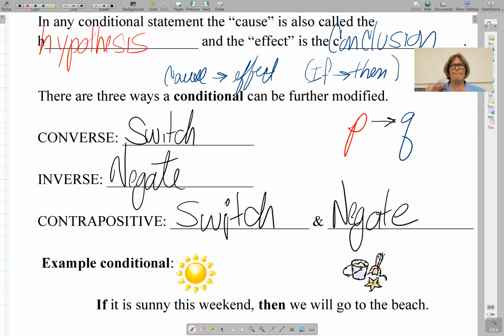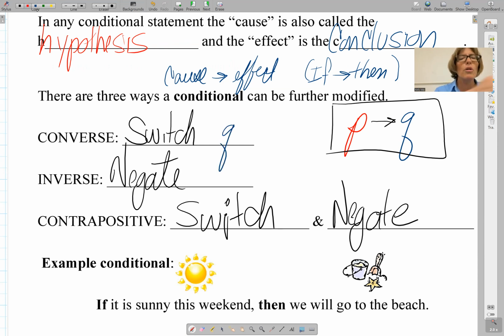Now that makes no sense to you at this moment. Totally okay. Just write the symbols down. As soon as I give an example, it'll be like, oh, it's not that hard. So if this is your original conditional, if P then Q, to switch it, you would write it like this: if Q, then P. That's what switch means.